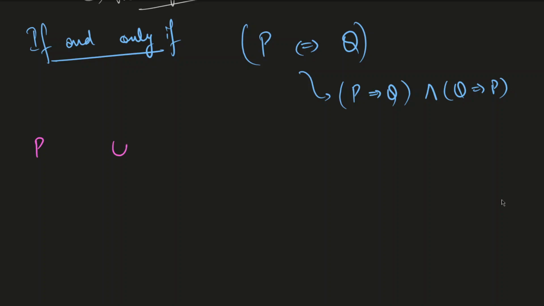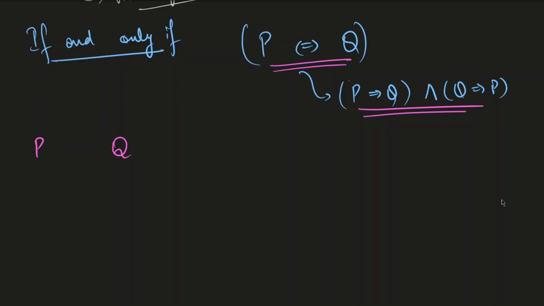I have a P, a Q, and a P double implication Q. Let's derive it the old-fashioned way. We know this is equivalent to this. We'll learn about equivalences and what being logically equivalent means in upcoming lectures. What you can know for now is that they have the same truth tables.